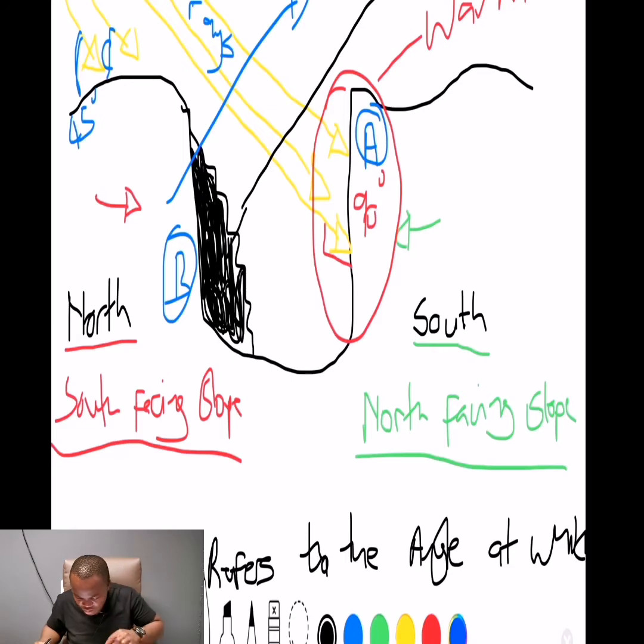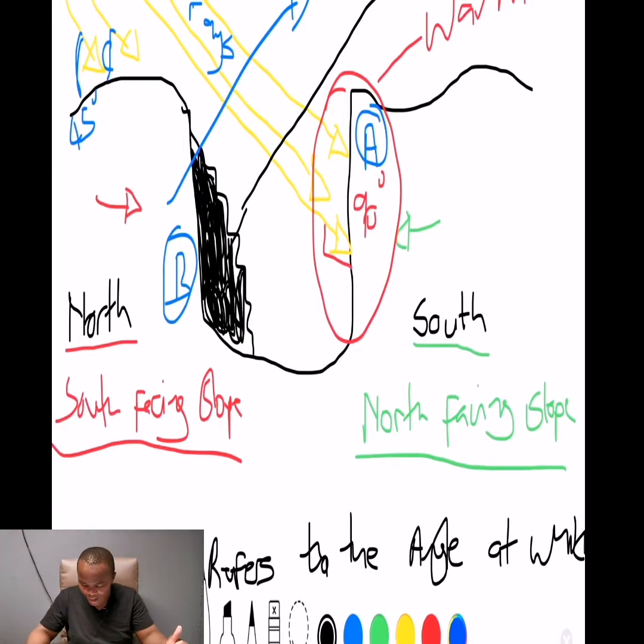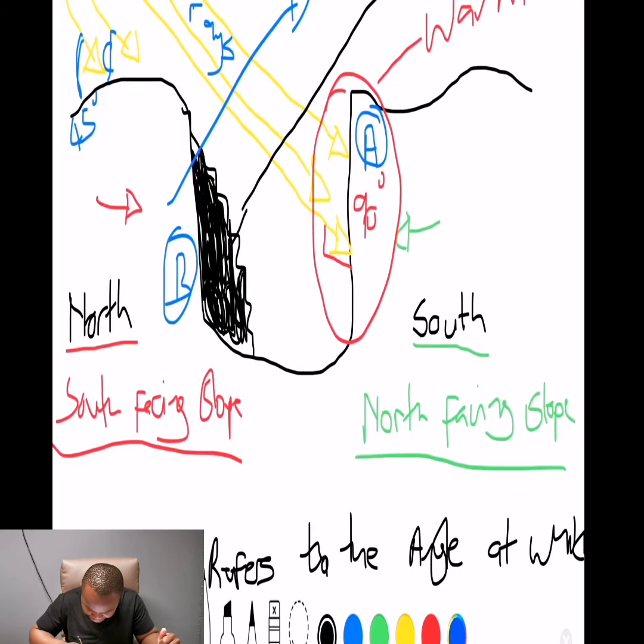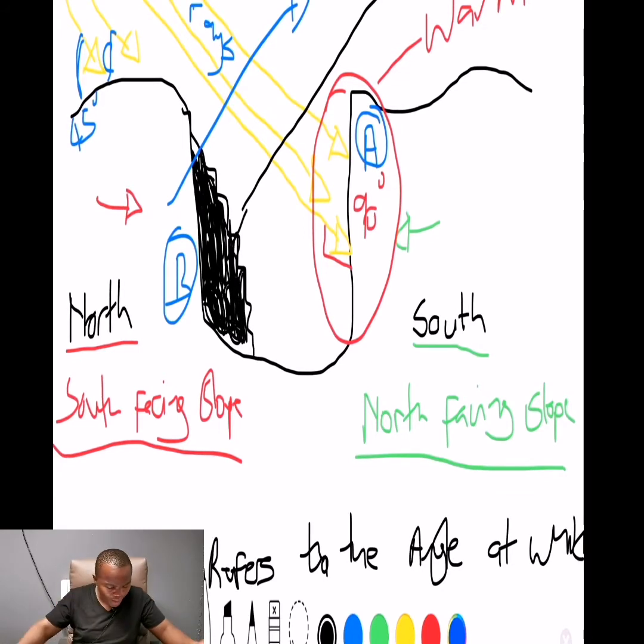The sun rays do not heat area B. That's why we said that area is cooler, because it does not receive direct insolation. Therefore, the area shaded in black is called a shadow zone. When we are speaking about the shadow zone, we are speaking about an area that does not receive the sun rays. So the shadow zone is cooler because it does not receive direct insolation.